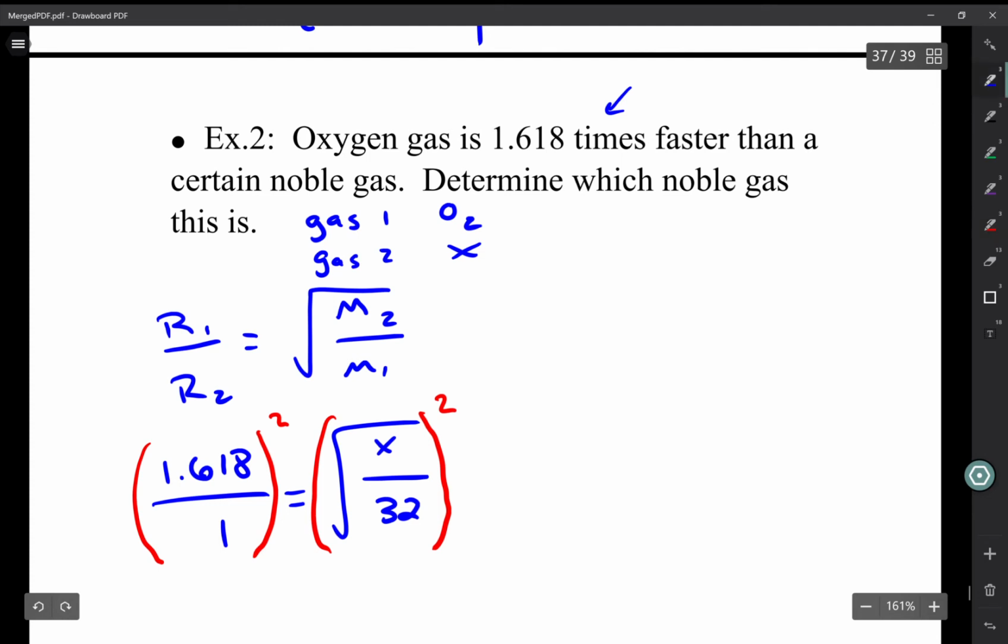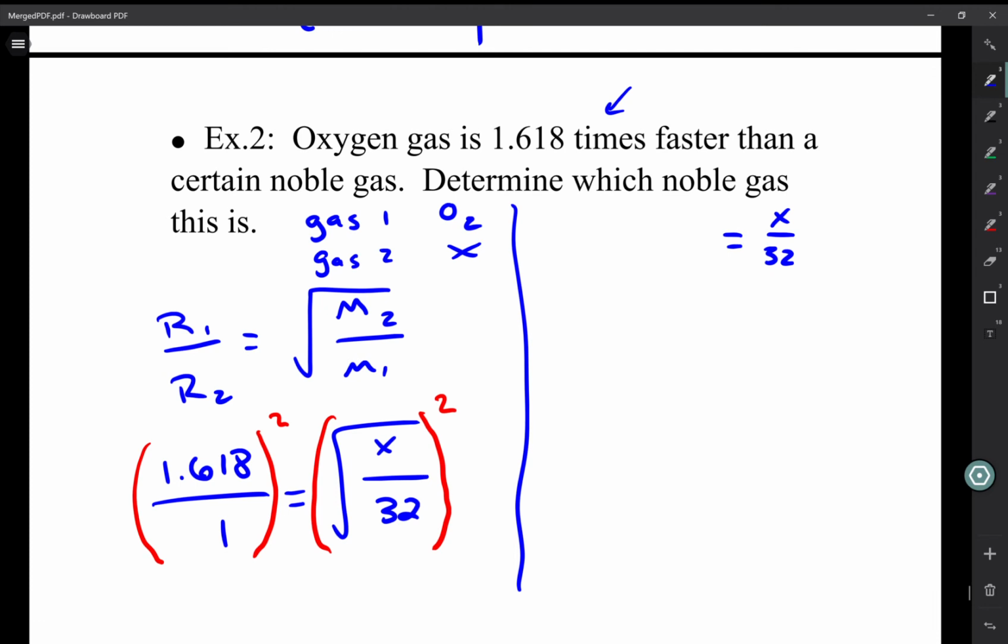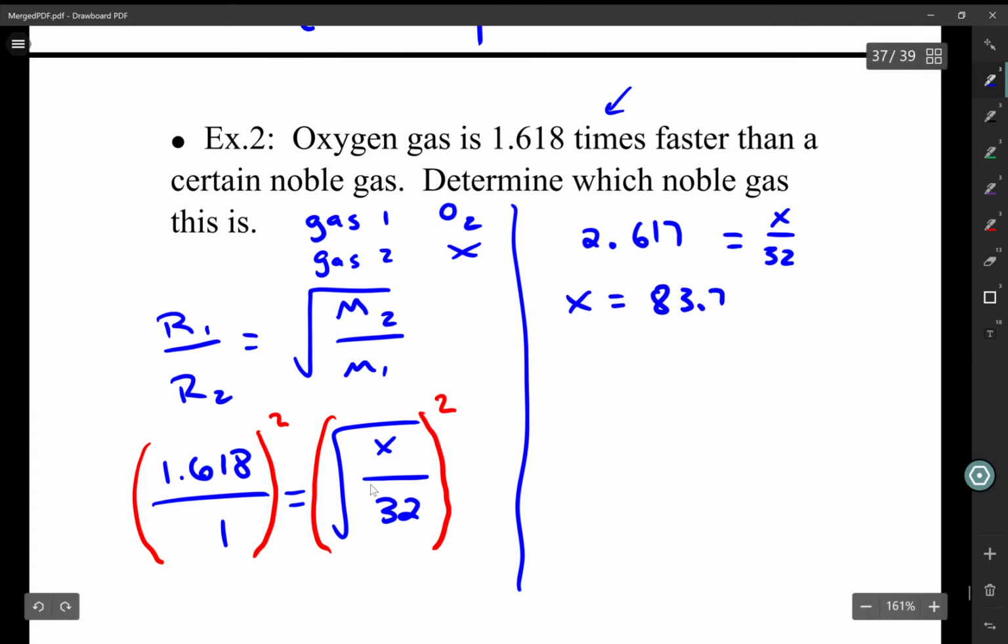So on this side, we just have X over 32 equals, and then 1.618 squared is 2.617. Now multiply both sides by 32. X equals 83.77 grams per mole.